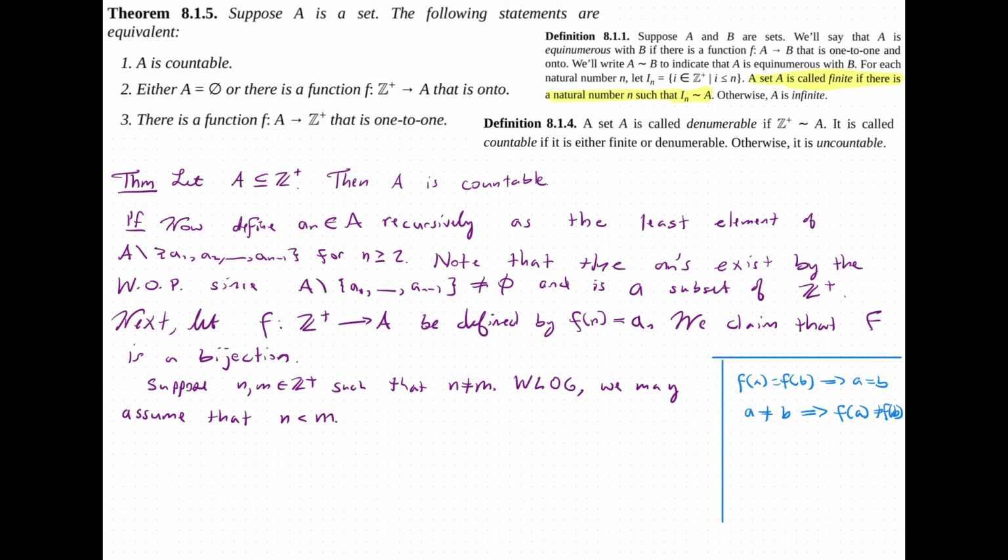Well, in this case, we have that a sub m is going to be an element of A minus A1, A2, all the way through A sub m minus 1. And so now, as a consequence, because n is less than m, thus a sub n is not in this set.